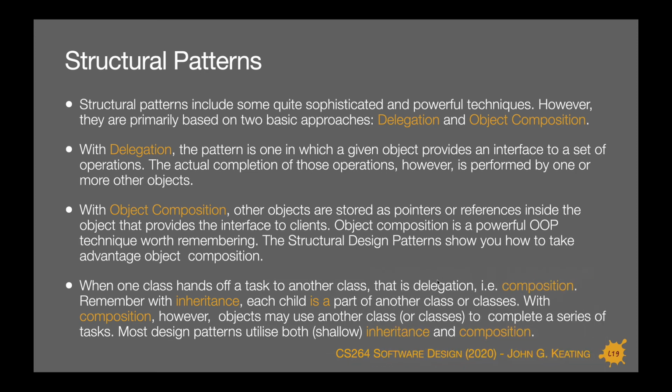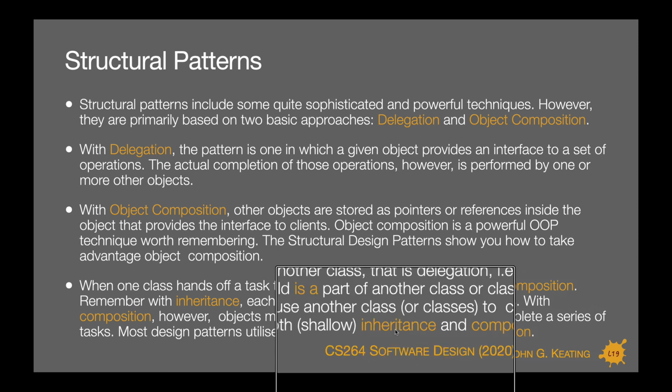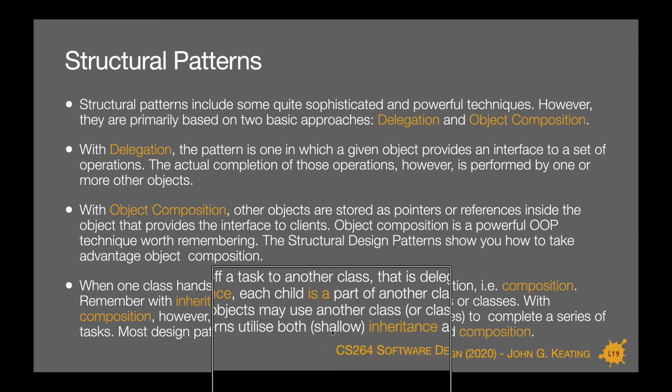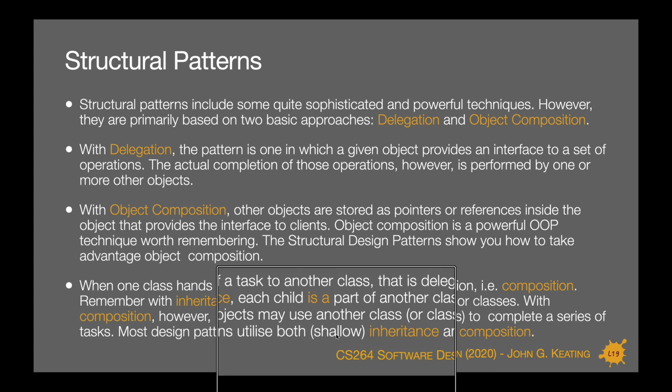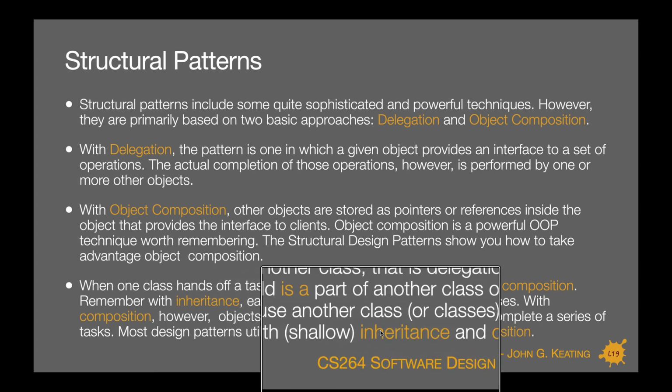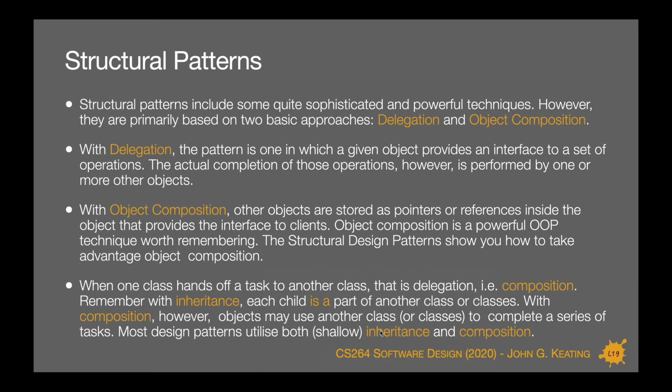Okay, so it's important that you understand the differences between these. With inheritance, we talk about shallow inheritance so that you don't have lots and lots of layers of hierarchies here. You prefer shallow inheritance and composition to extended inheritance hierarchies.